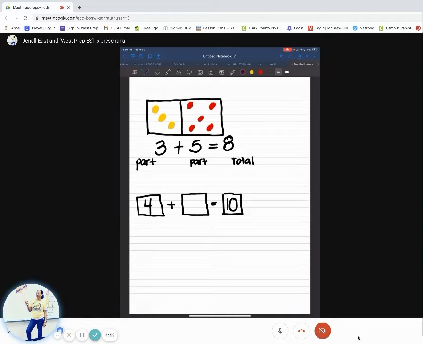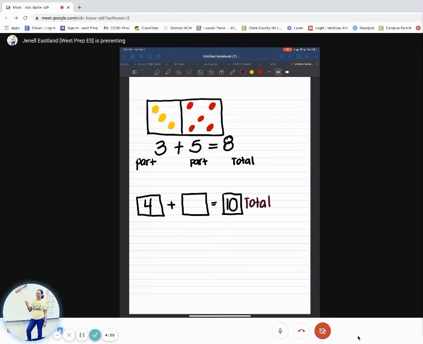No. Nope, the 4 is not my total. What number is my total? It's 10. 10 is my total. That means you cannot have an answer that is bigger than that number 10. So this missing number cannot be greater than 10. That is my total. That is the amount of candies that I started with.